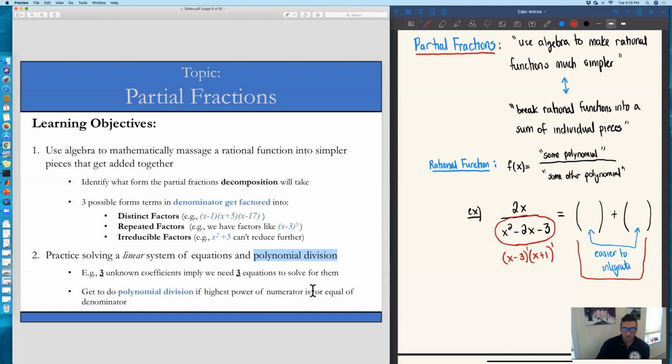Oops, there should be a greater than or equal to here. But in general, what this would be saying is if we have something like upstairs in the numerator an x cubed, and downstairs in the denominator we only have an x squared, we get to do polynomial division before doing any partial fractions. So check out the next video for an example of all of partial fractions together.